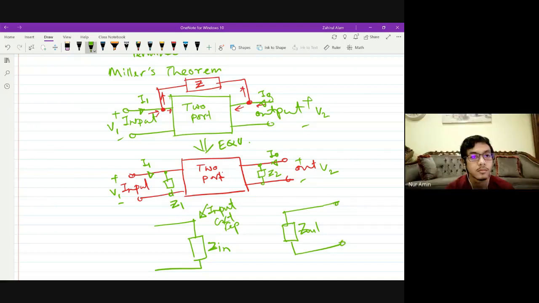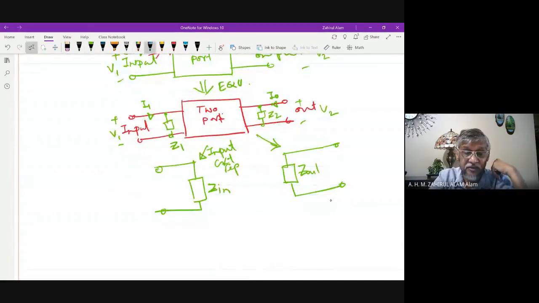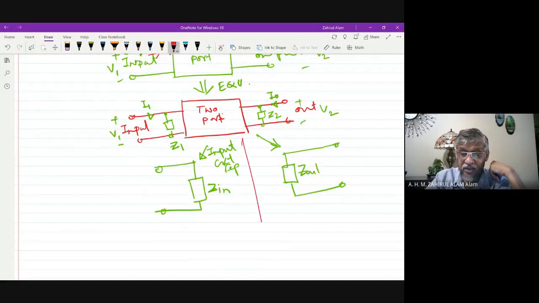From these two-port networks, we can convert to the input side and output side, so there is no interaction between input and output.